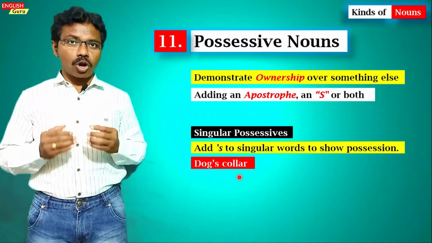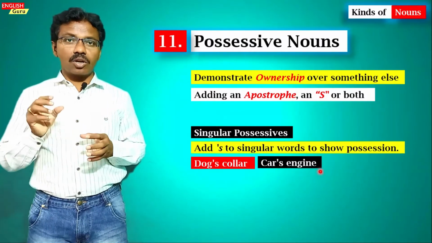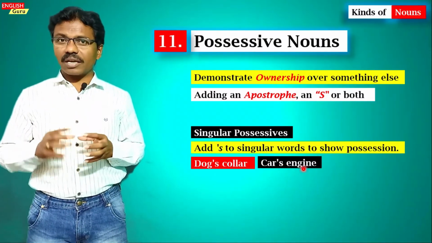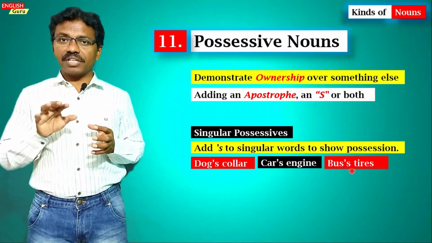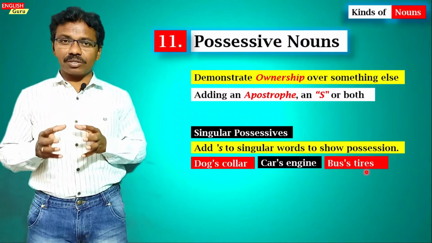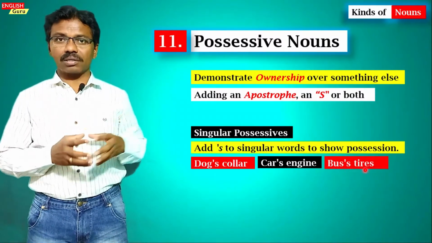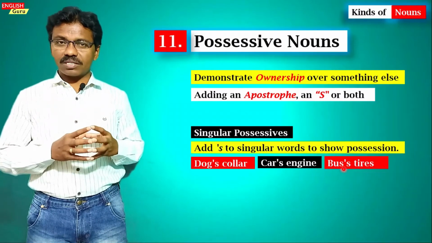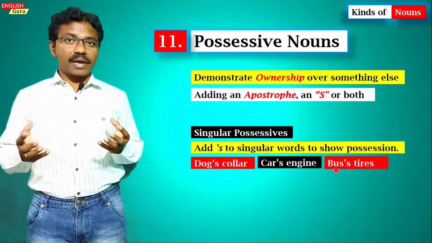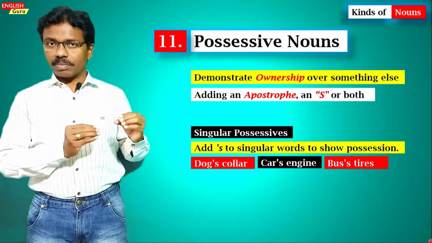For example, dog's collar. It means the collar of a dog. Car's engine. So it is an engine of a car. This engine belongs to that particular car. Bus's tire. So the tire belongs to that particular bus.